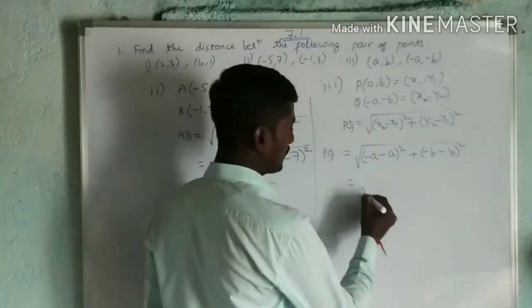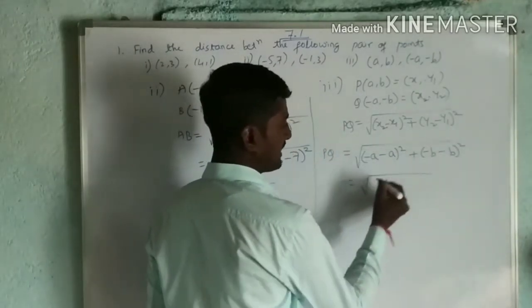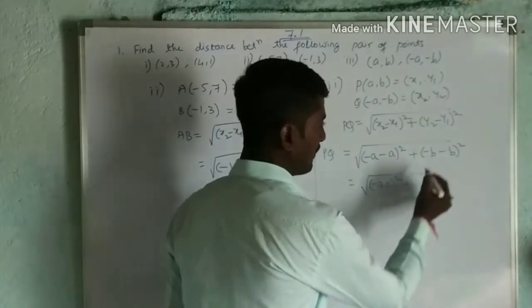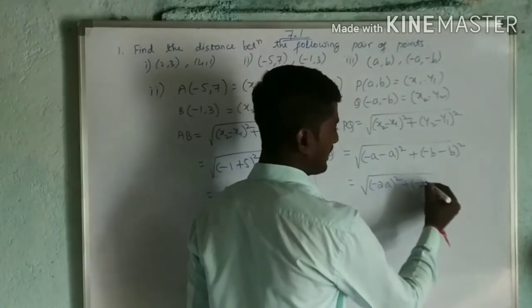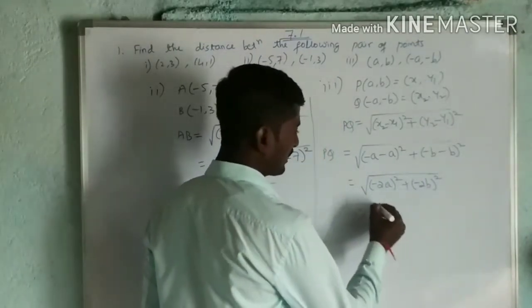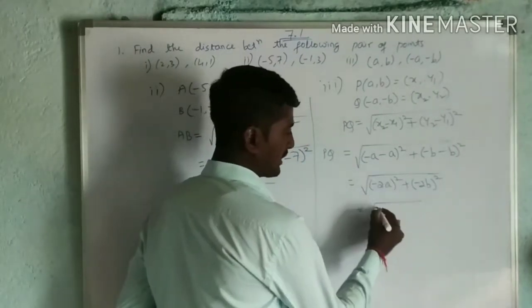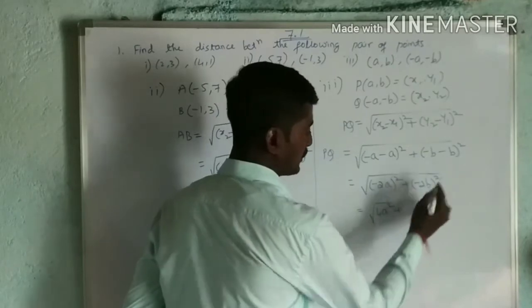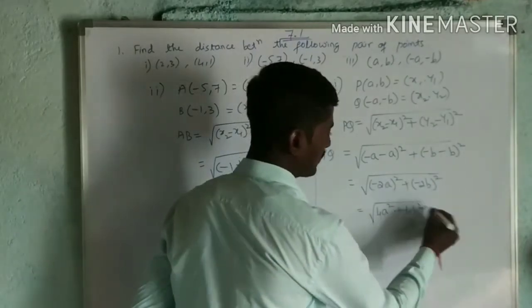Now this is equal to root of minus a minus a, that is minus 2a square, plus minus b minus b, that is minus 2b square. Now this is equal to under root of minus 2 square is 4a square plus minus 2 square, that is 4b square.